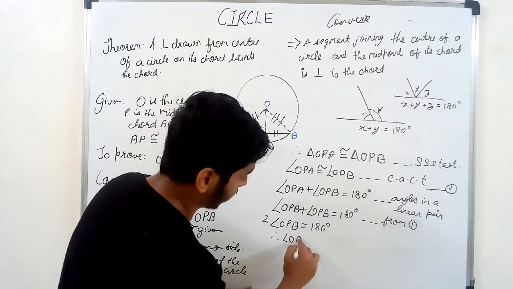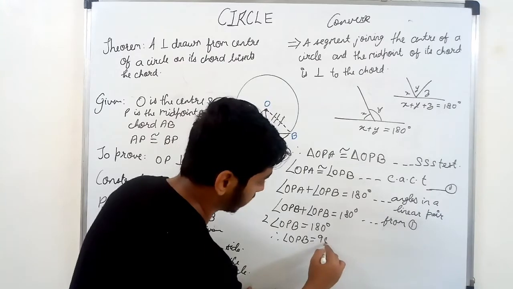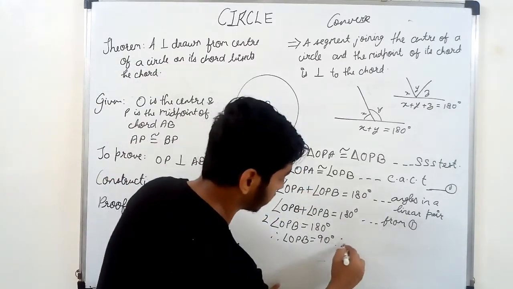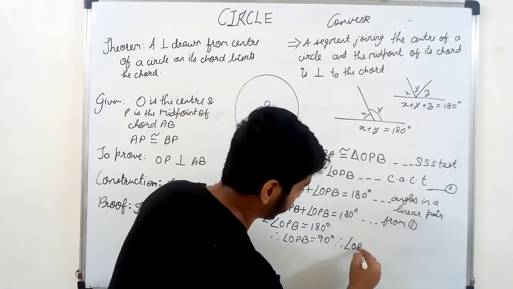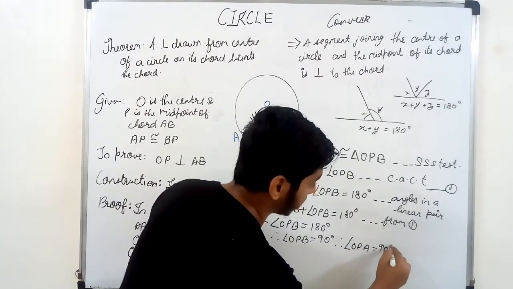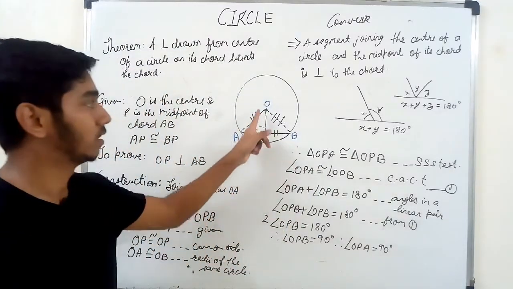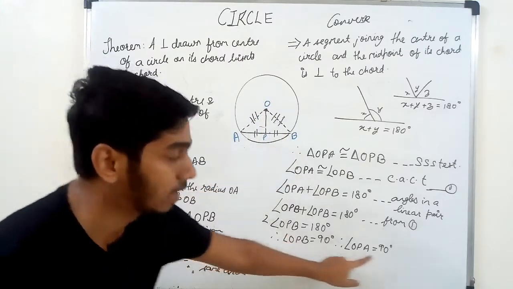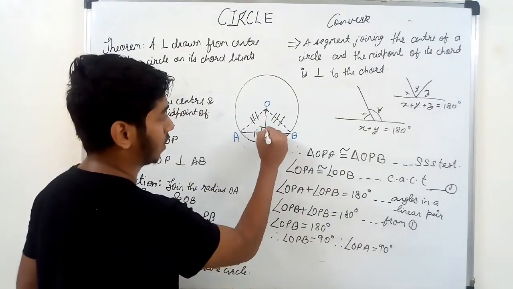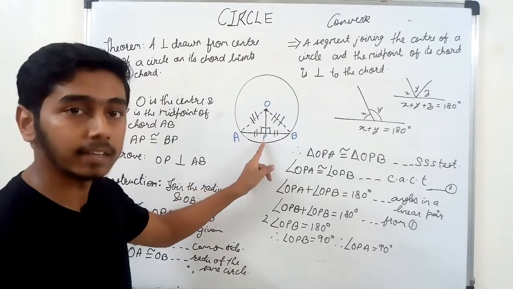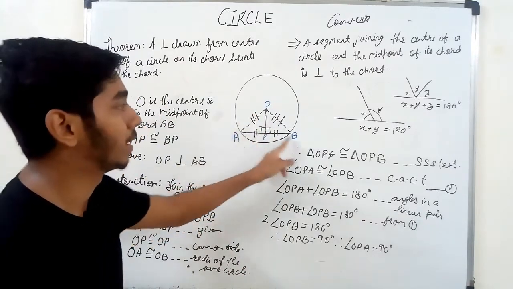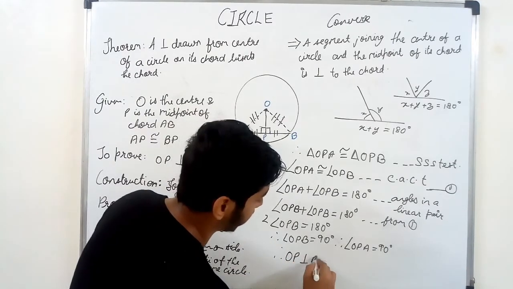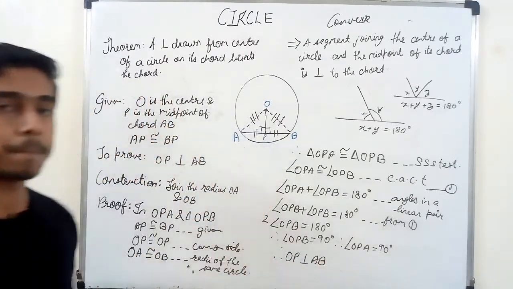Therefore angle OPB is 90. Now OPB is same as OPA, therefore angle OPA is also 90 degree, correct? So we have got the two angles OPA and OPB as 90, 90. If both the angles are 90, then we can say that OP is perpendicular to AB.